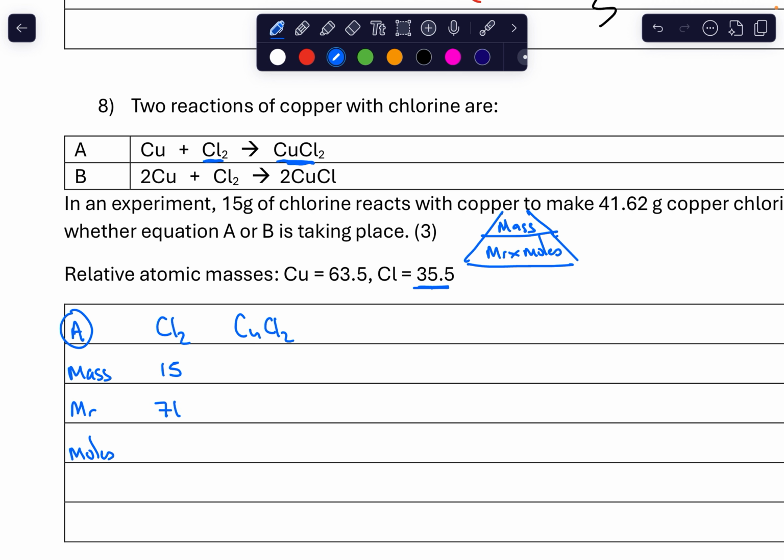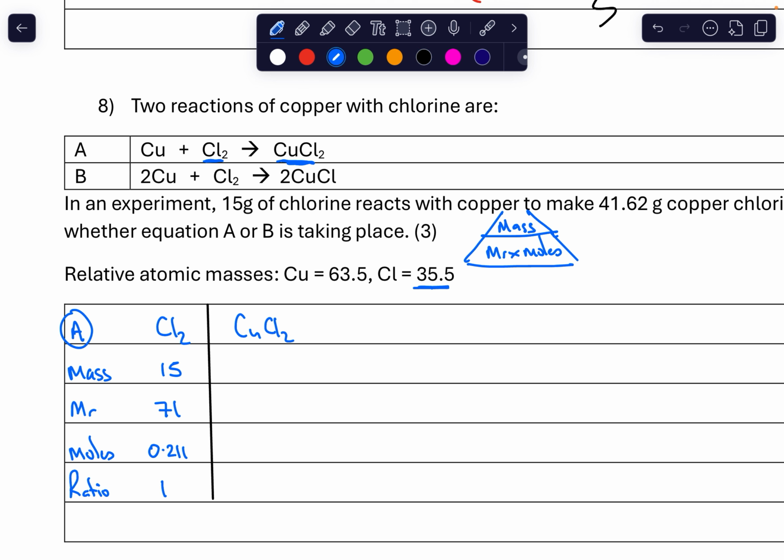And let's just put my answer here. So I'm getting 0.211. And then the next thing I'm going to do is the ratio from the question. So you can see in this one, I've got 1 mole of this making 1 mole of this. So here I'm just going to put 1. And then let me just divide this so we don't get ourselves confused.